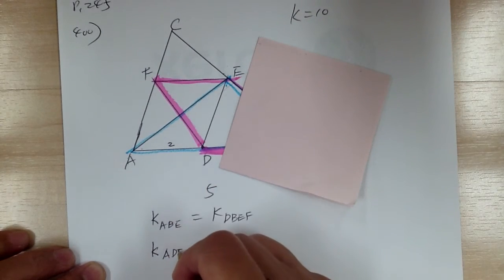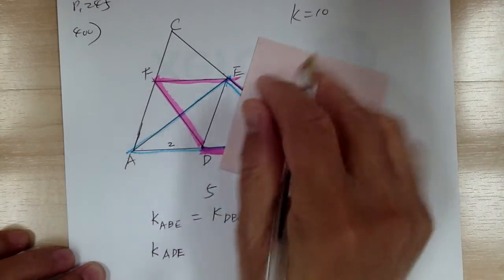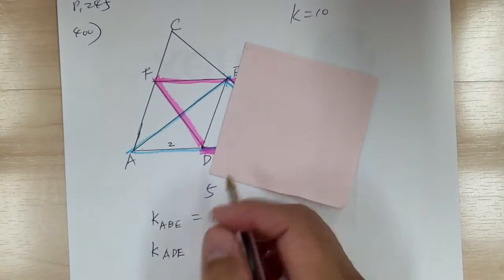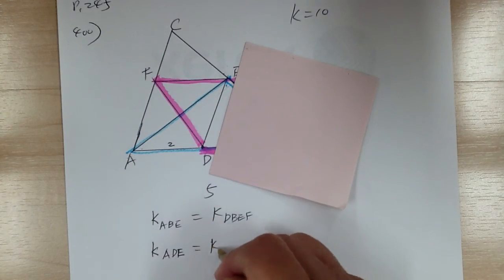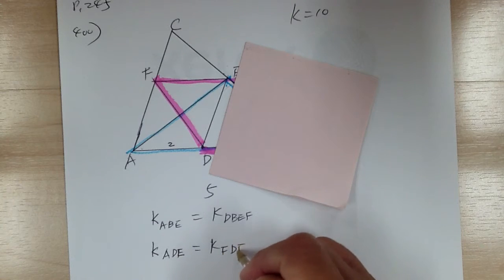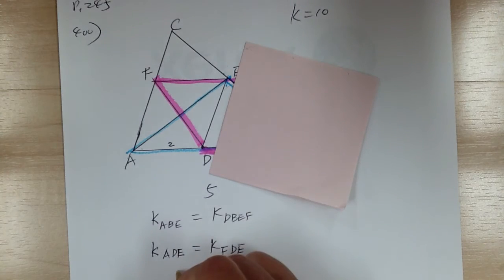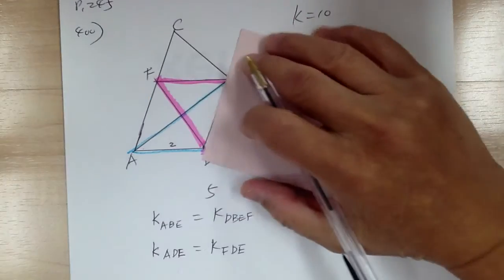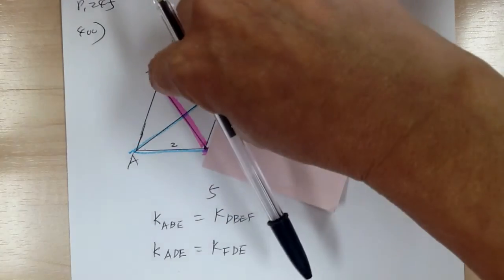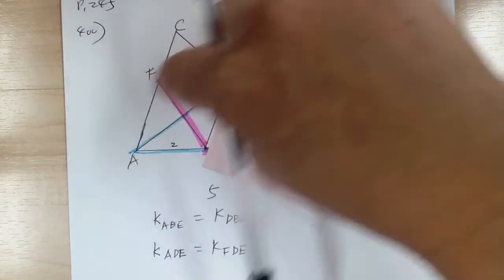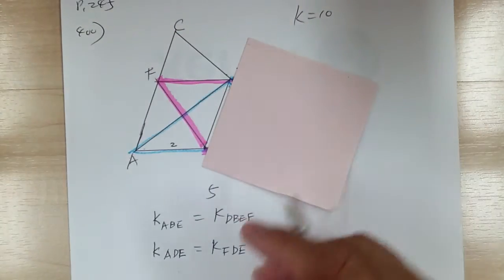Okay, so area of ADE, this little triangle over here, equal to area of FDE. And if you turn it sideways, they have the same base, so they will have the same height.